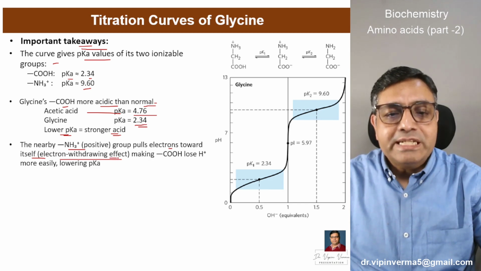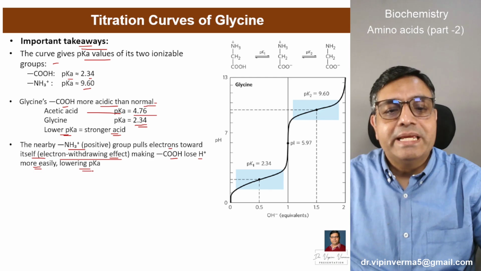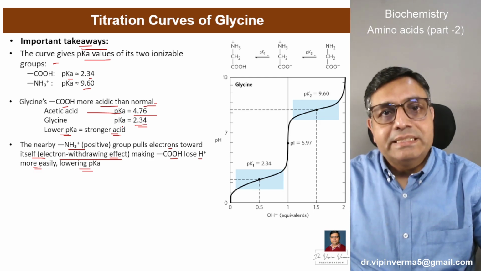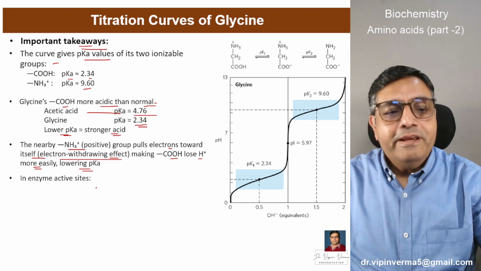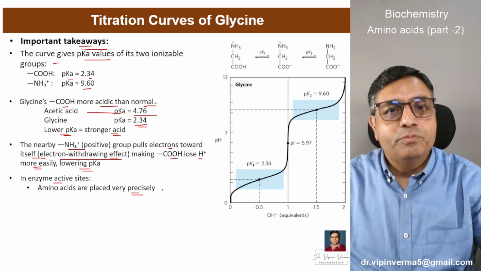Now when this effect happens, that makes the carboxylic lose proton more easily, and when it loses proton more easily, it lowers the pKa, and that's why the carboxylic group of glycine is more acidic as compared to the acetic acid.